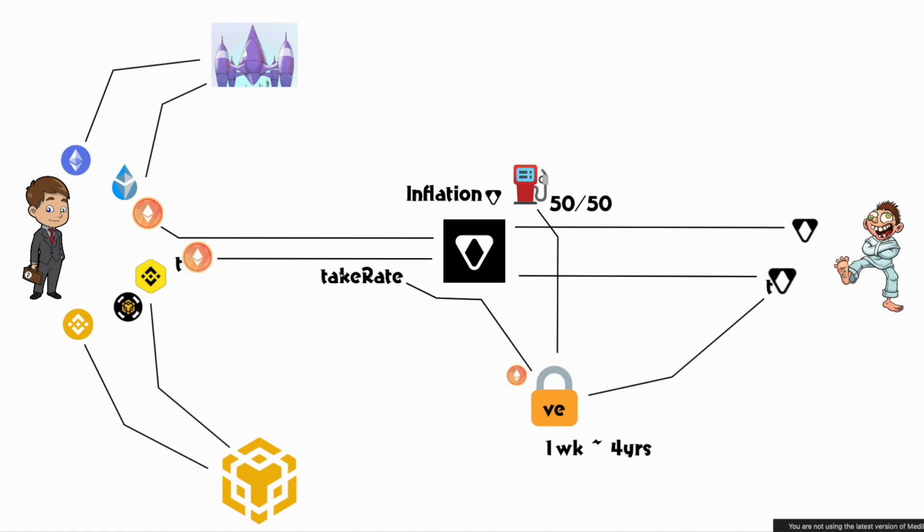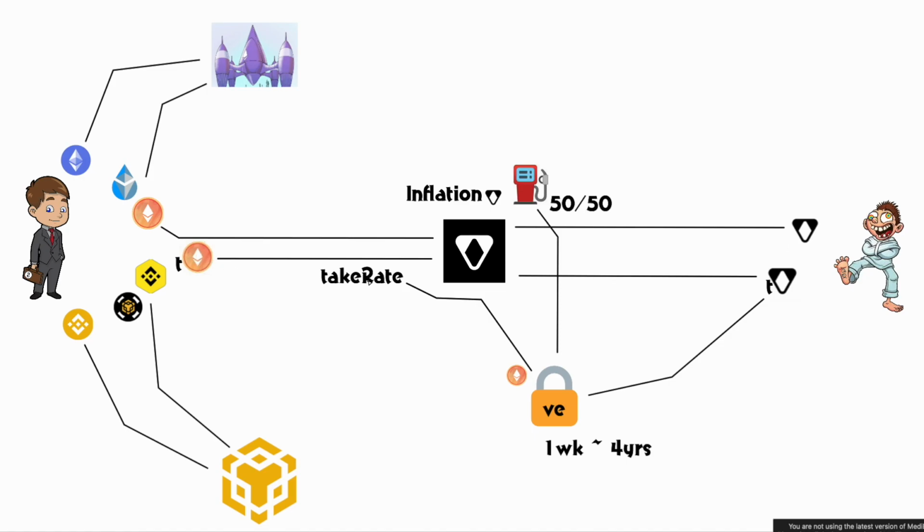There is also this setting that can be set to 0, but it's called a take rate. And whenever these T tokens or these LSDs are staked here, for the T LSD, right? So T Rocket Pool, then there can be a take rate set during the governance proposal to add this.